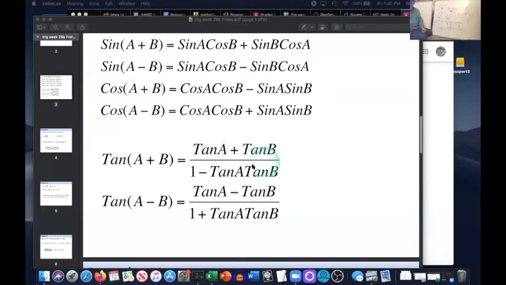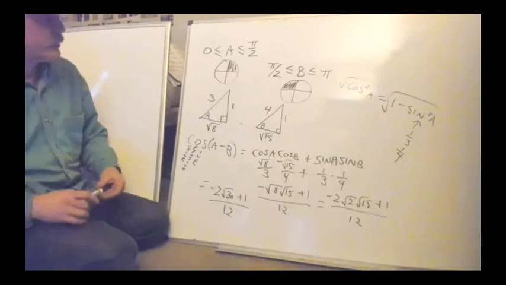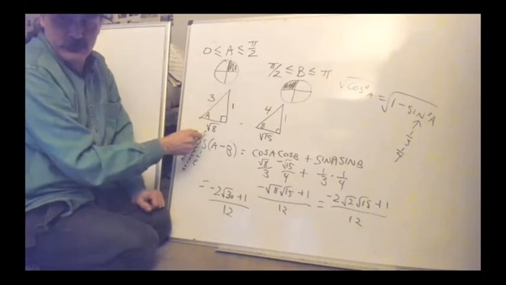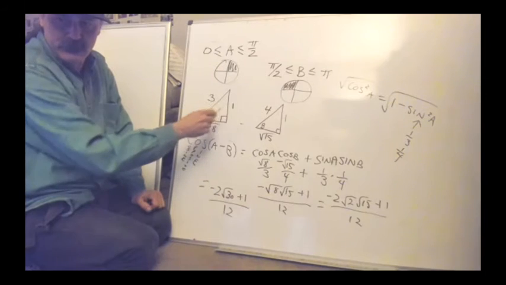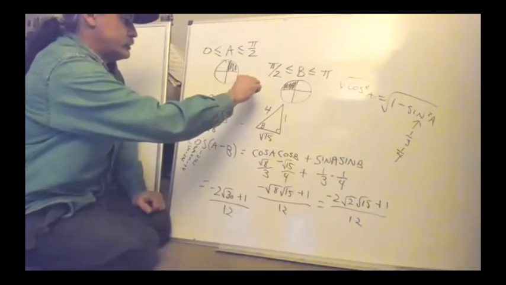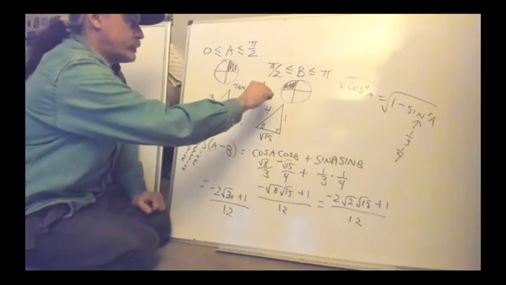Then we're going to need to get tangents first. Okay, so the tangent here, well, vertical over horizontal, right? Opposite over adjacent. So the tangent of A is going to be 1 over root 8.